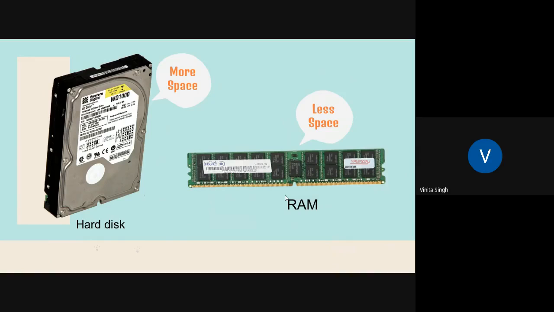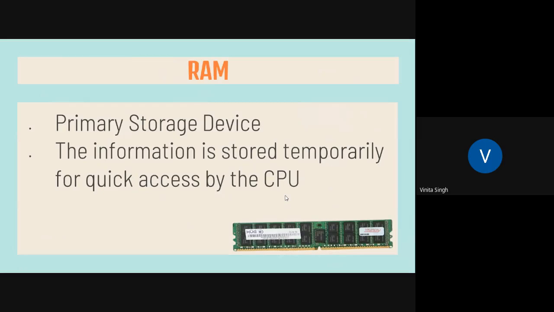Now, let us study both of these storage devices one by one. Let us start with RAM. RAM is the primary storage device present inside the computer where the information is stored, but temporarily, for quick access by the CPU.